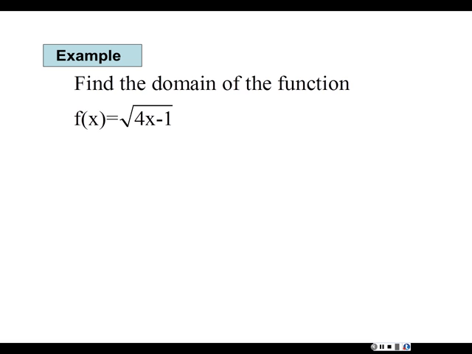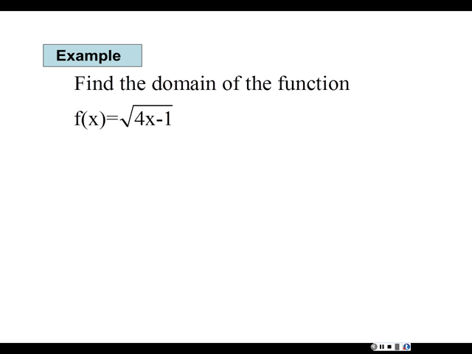Oh, I'm sorry, this is closed at 1 over 4. So you are taking every single point starting from 1 over 4 to infinity, including 1 over 4. Because you see, it can be equal, right? Or greater. So you are taking that point and everything after that point, all the way to infinity, but nothing less than 1 over 4.